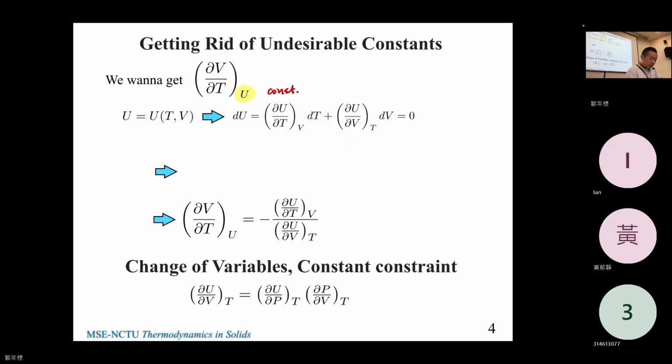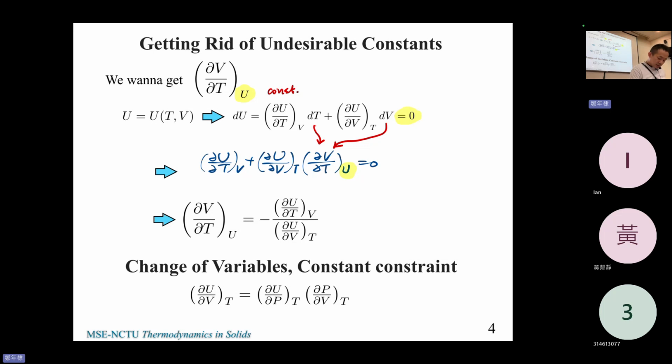Now, more important, at this condition u is constant, so the overall du equals 0. So we get partial u over partial t at constant v, plus partial u over partial v at constant t, times partial v over partial t at constant u, equals 0. This term comes from dt and dv with du equal to 0, so we successfully get this, and then we can further get this one.